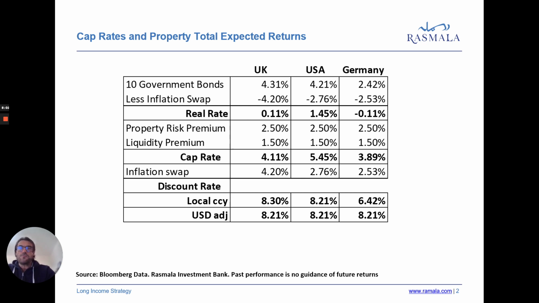So if an investor is looking for a return higher than inflation, it needs to take risk. It needs to attempt to generate a return higher than the risk-free government bond yields.